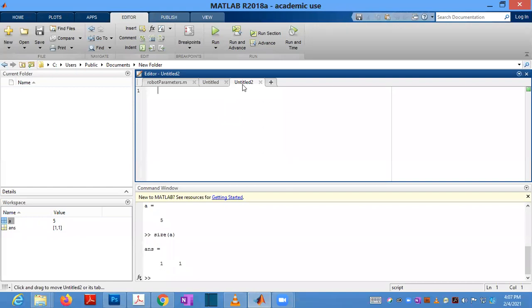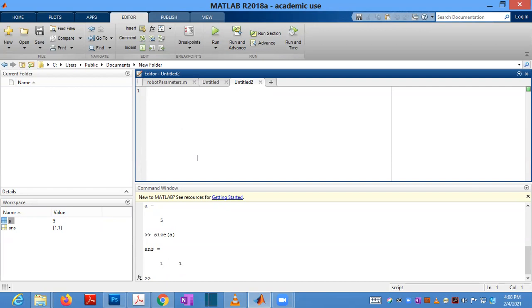The name should start with an English letter. It shouldn't start with a number. After the first letter, you can use letters and numbers. There won't be any space in between. If you are using something like robot parameters, you can use robot underscore parameters. If there is a gap, it won't be taken as a .m file.